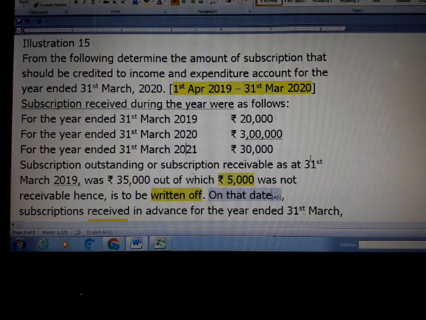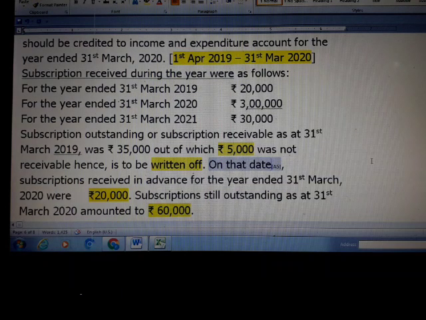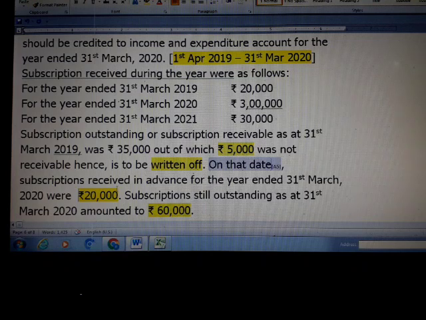So on this 31st March 2019, subscription received in advance for the year ended 31st March 2020 was rupees 20,000. Can you understand, students? That means in the previous year we have collected 20,000 rupees subscription in advance for the current year.